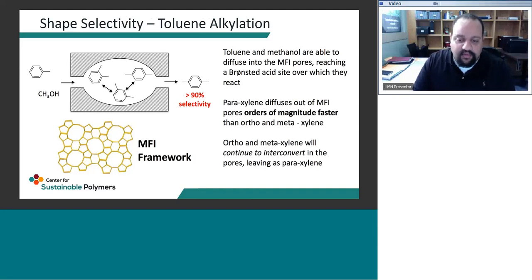That affords you high selectivities to paraxylene, whereas if you use, say, a mesoporous material where all of the products diffuse out at roughly the same rate, you're probably going to hit that equilibrium wall set by thermodynamics. So again, shape selectivity can really be interesting if you can tune your pore sizes relative to that of both your reactants and your products.